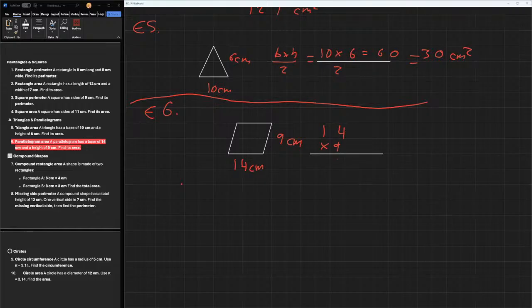9 times 4 is 36. So 36. 1 times 9, 9. 126. Remember, it must be square centimeters because it's a 2D shape.